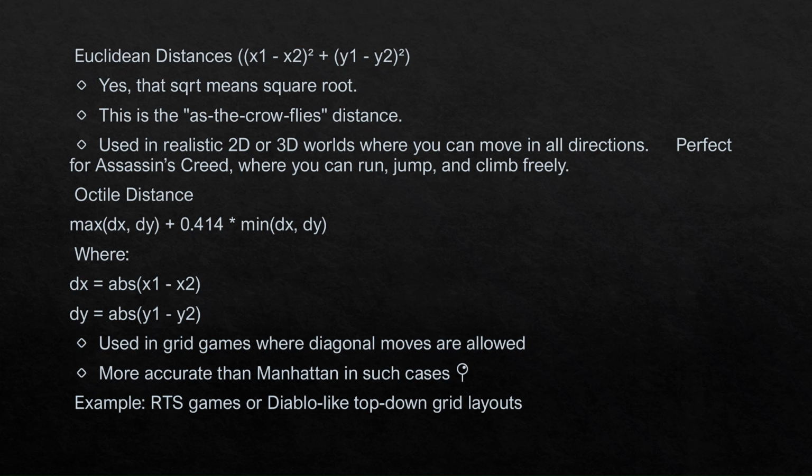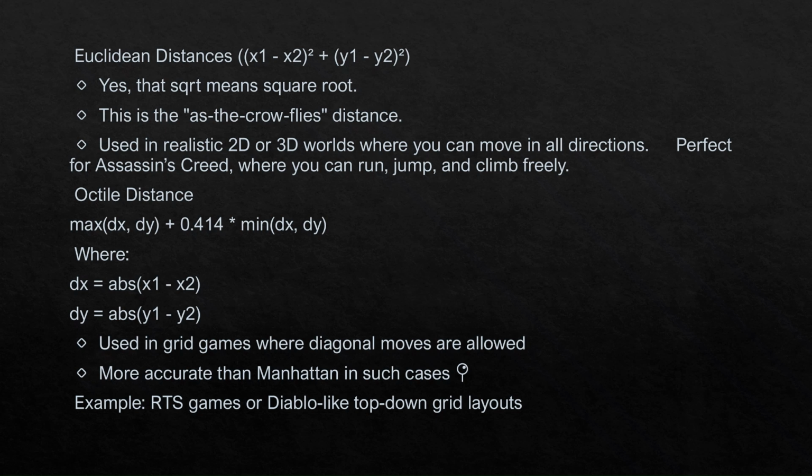Although I haven't placed it there, it's a mistake, it's supposed to be the square root of (x1 minus x2) squared plus (y1 minus y2) squared, where x and y are values.